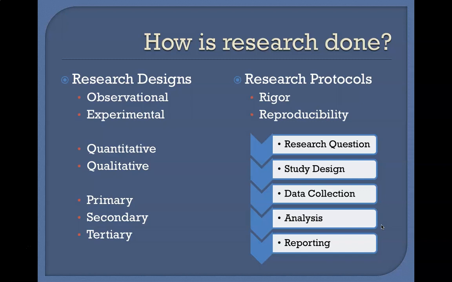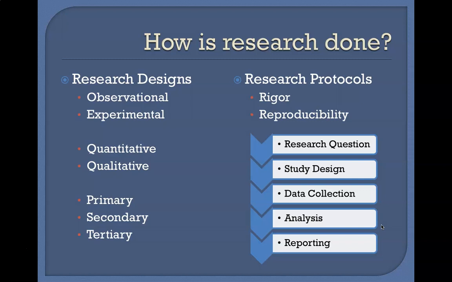Tertiary is basically what we call a meta-analysis, where a researcher takes all of the research that's done and published on a particular topic, and they combine it, and they combine data sets to come up with a consensus of the current knowledge in that field. So those are the three layers of research.